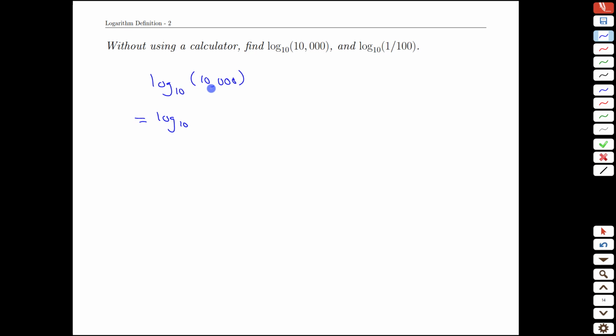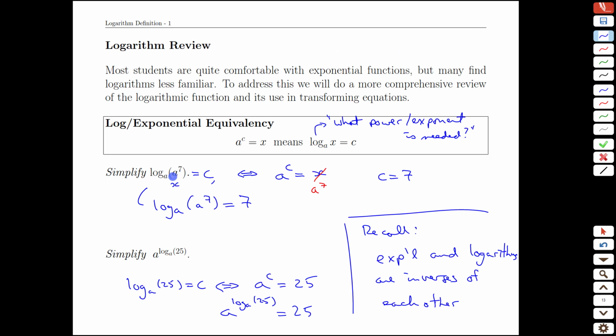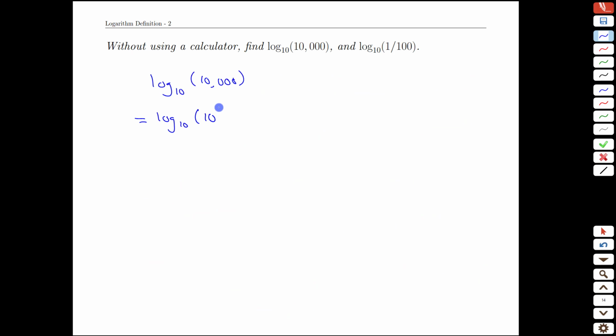The most straightforward way is to make this look like the previous examples. There we had log of the same base to some power. Well, powers of 10 are fairly easily worked out. 10,000 is 10 to the power 4. And because of that inverse relationship, really the 4 is the important part here. Then we take the exponent, use it as the exponent of 10, then we go backwards with the log. We are going to end up with 4.